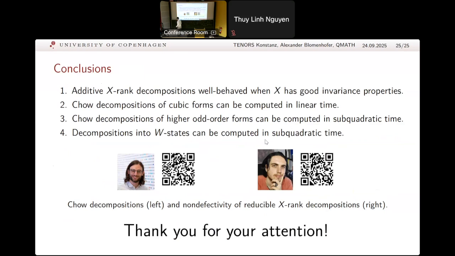So if you contract with the XI1, first of all, this will kill all the terms which are not I. So this will be the contraction of AI1, AI2, AI3 with XI1, and then the XI1 kills AI1. You should think of this as a tensor product where the AI1 can stand on the left side, in the middle, or on the right side.